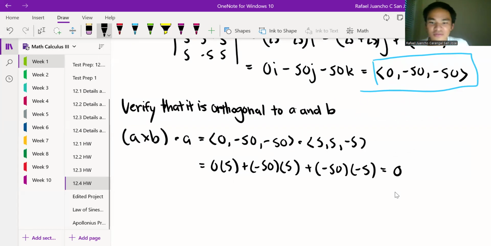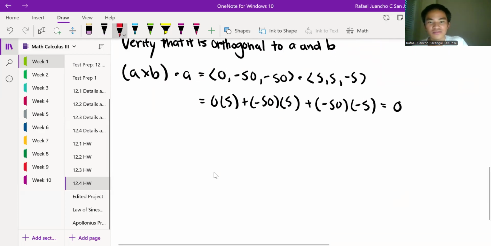That's minus 250, I believe. Yeah, this is minus 250. This is plus 250. 250 minus 250 is 0. This is basically 0. That's definitely 0.